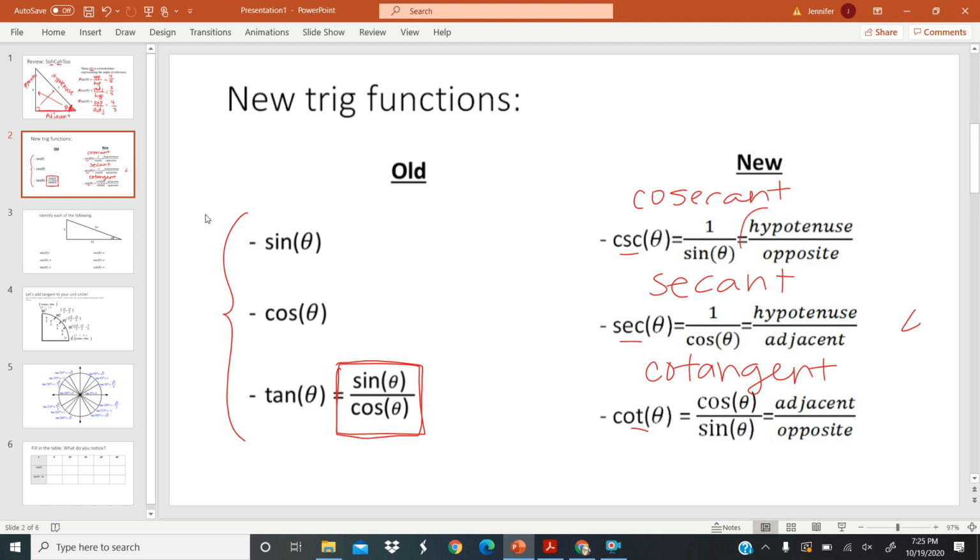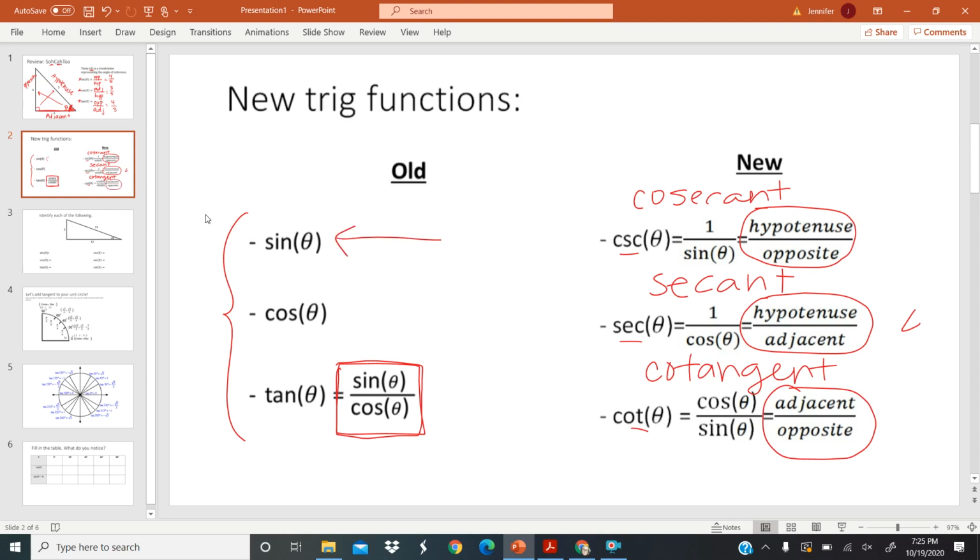If you look at cosecant, it's hypotenuse over opposite. Cosine is adjacent over hypotenuse. If you look at secant, it's hypotenuse over adjacent. And the same thing happens with tangent. It's sine over cosine, or cosine over sine for cotangent. And tangent is also opposite over adjacent. So if you're just looking at a triangle, cotangent is adjacent over opposite.